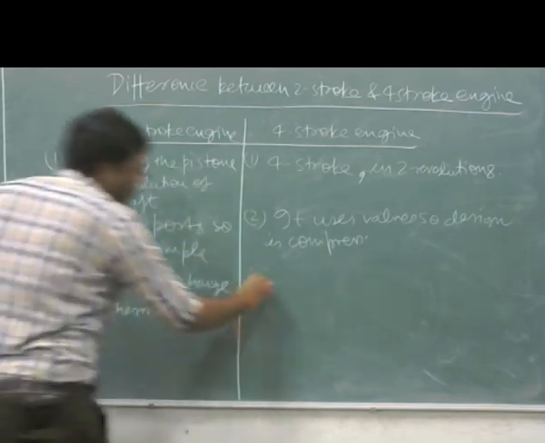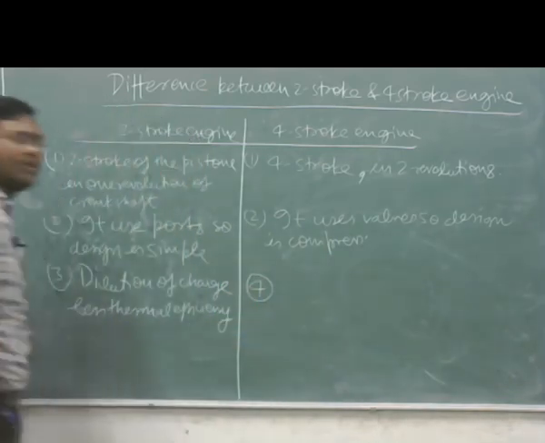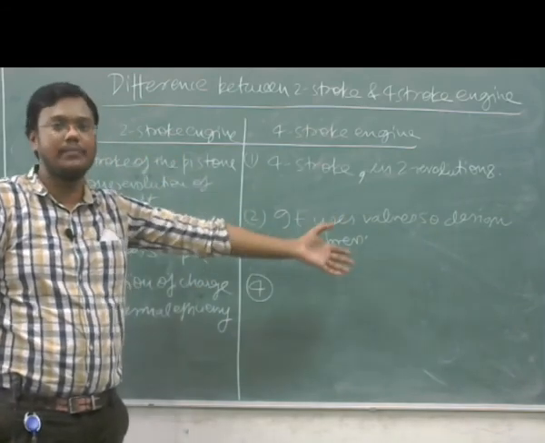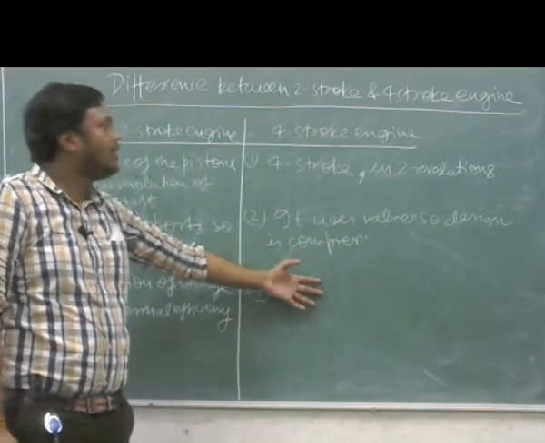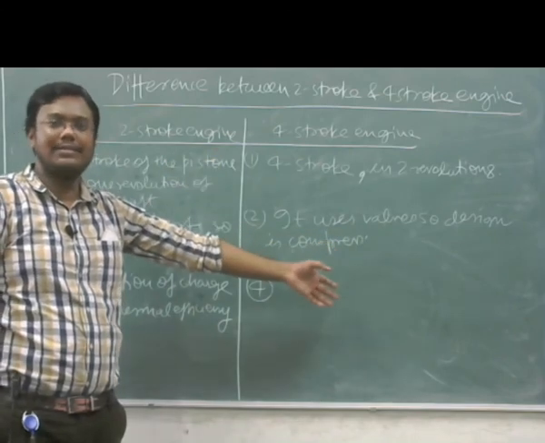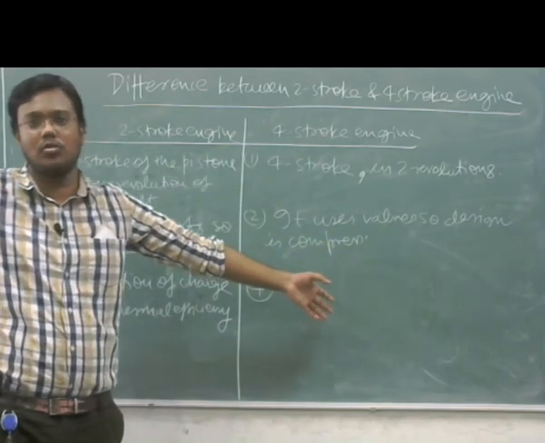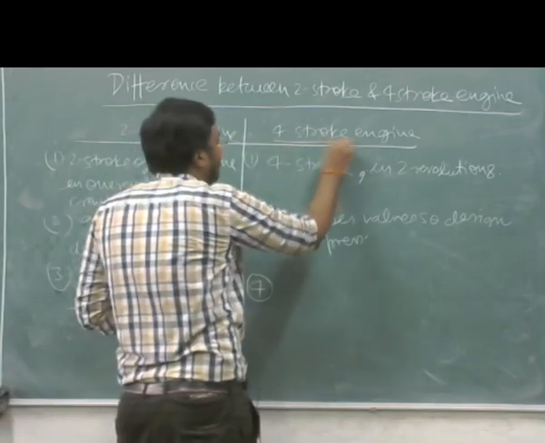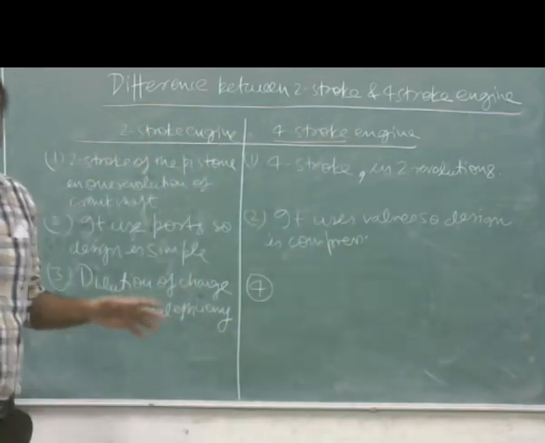And in a four-stroke engine there is no dilution of charge, because there is a separate exhaust stroke. For the exhaust process there is a separate stroke, for the expansion process there is a separate stroke. For every process in a four-stroke engine there are separate strokes.